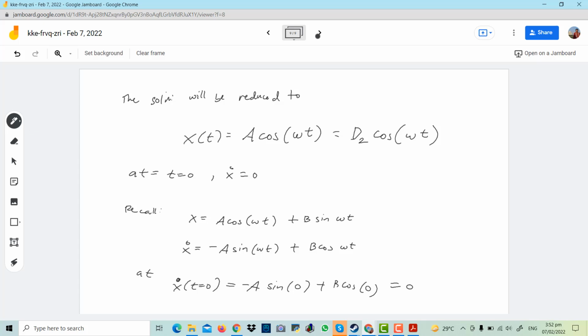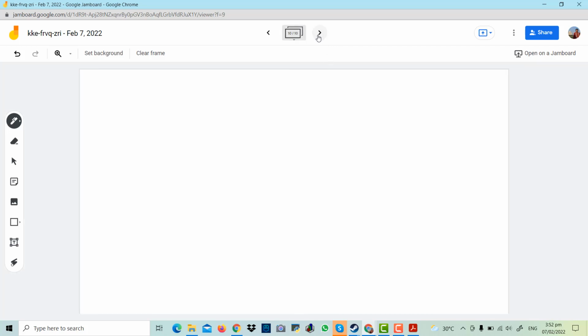In this case we can find b. This first term is 0, b cosine of 0 is b times 1, so therefore b is equal to 0.